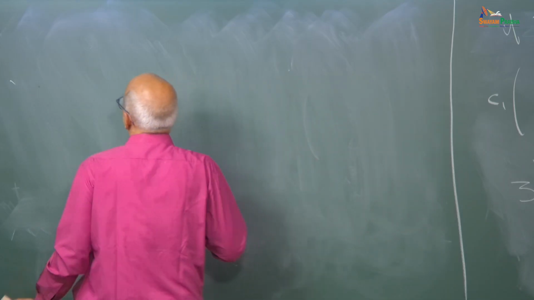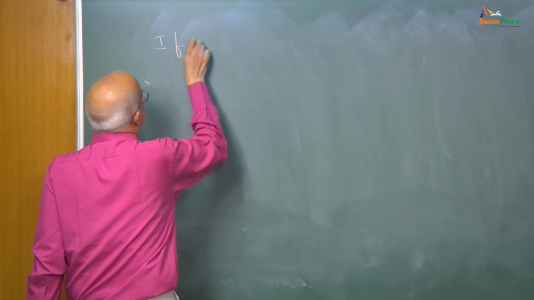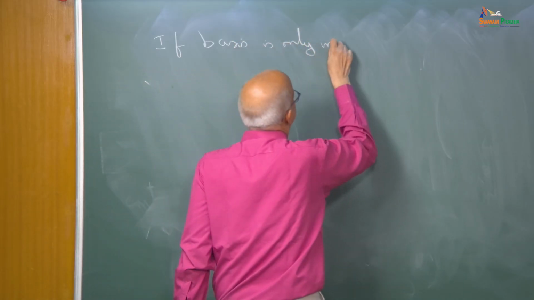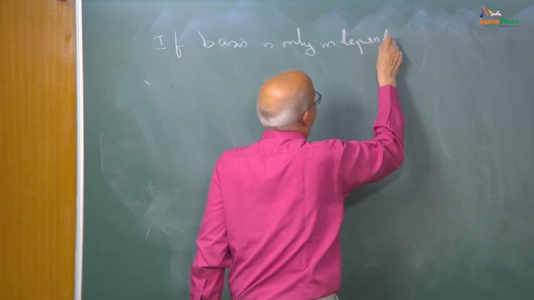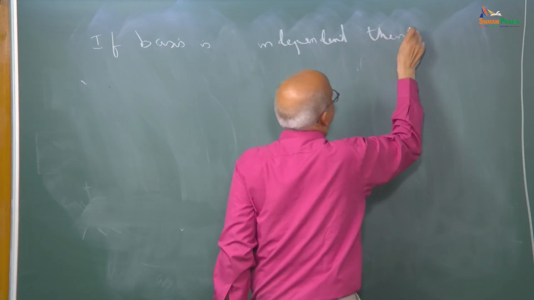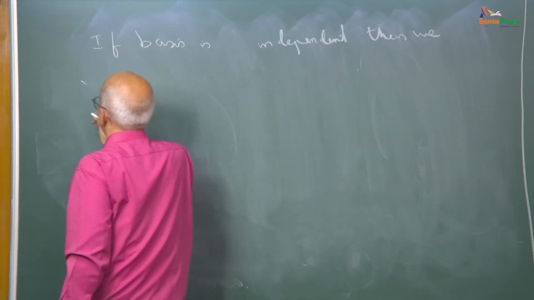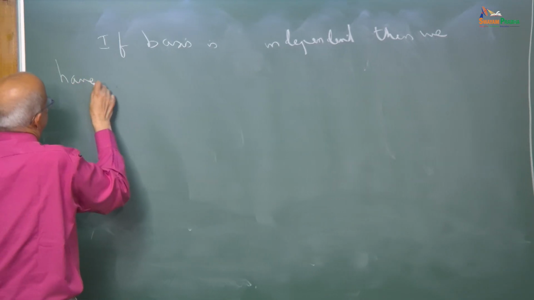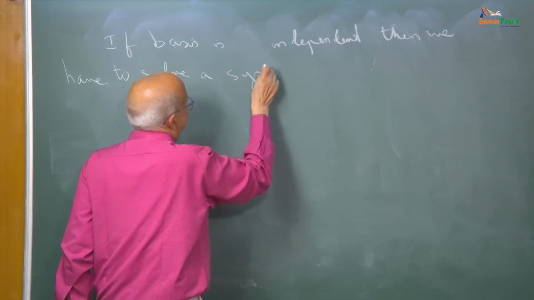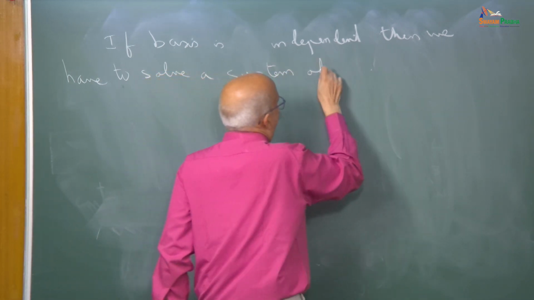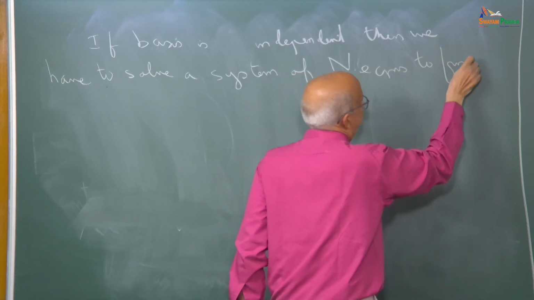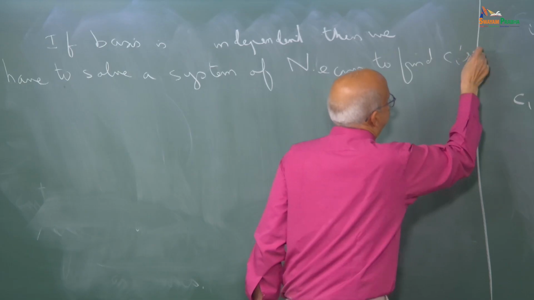So, if the basis is only independent, then we have to solve a system of n equations to find the Ci's.